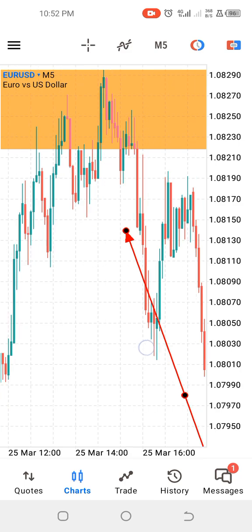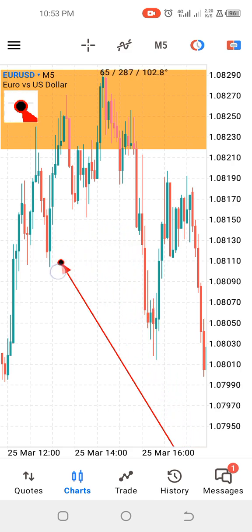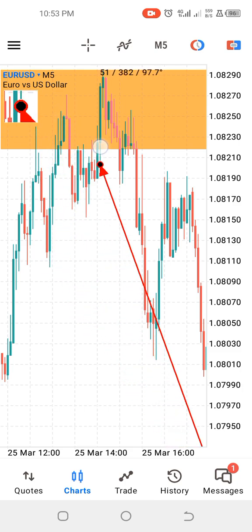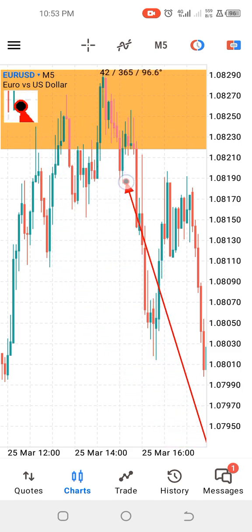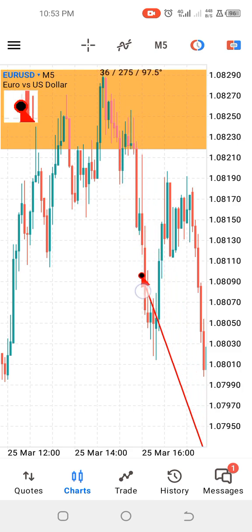When you have a supply zone, you need that market maker sell model, or we can call it change of character, or market structure shift, whatsoever. Those are just fancy names. You see as price made a high, higher low, higher high, higher low, higher high, another higher low, then we had a lower high, then eventually we had a lower low.